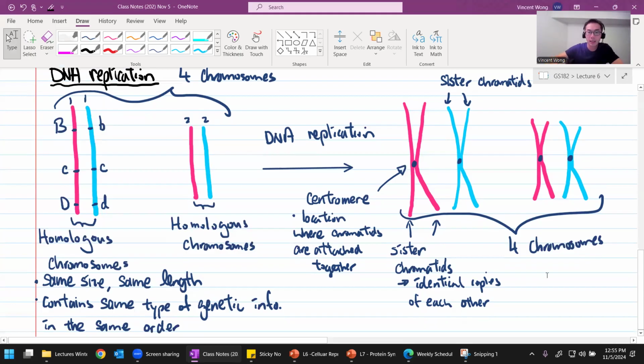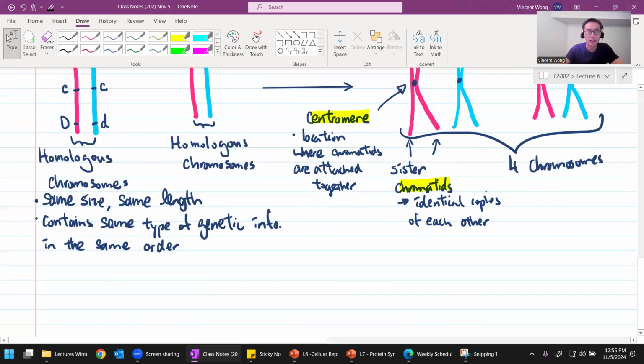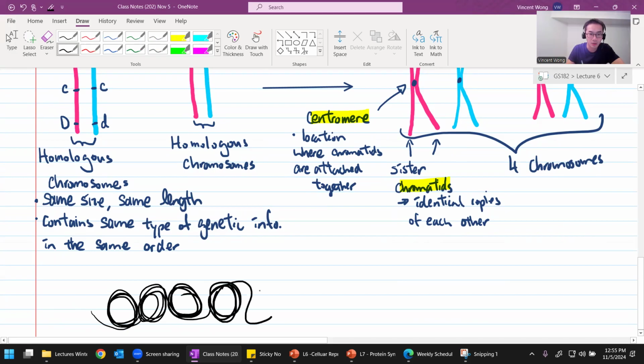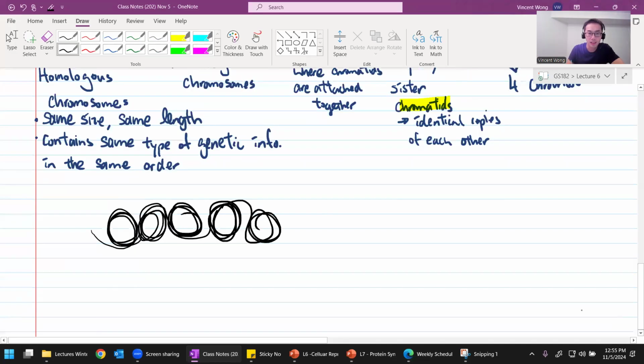So a couple of new words here that might be confusing for some people: the centromere, the chromatids, homologous chromosome. I just want to help you refresh your memory. If you take DNA and wrap it around proteins, like a yo-yo, I keep on saying yo-yo, then this is chromatin.